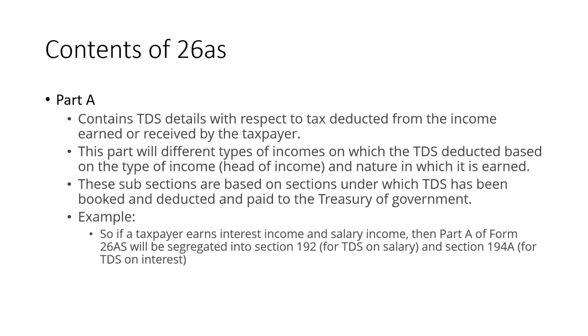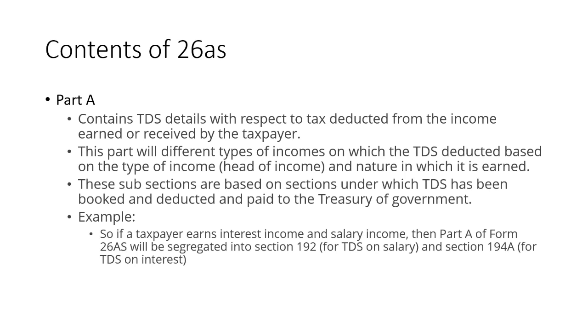Now I am going to go one by one through the details of Form 26AS. What are all these things? Part A contains TDS details with respect to tax deducted from the income earned or received by the taxpayer. A taxpayer during his transactions, he may be a business, he may be a professional, or whatever the reason.